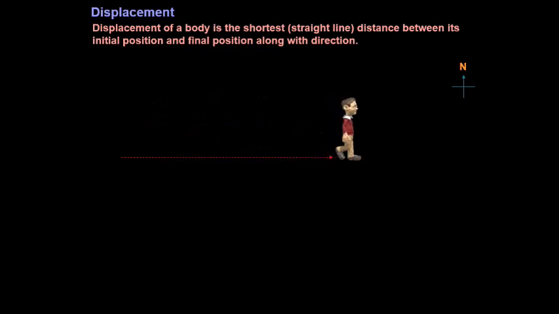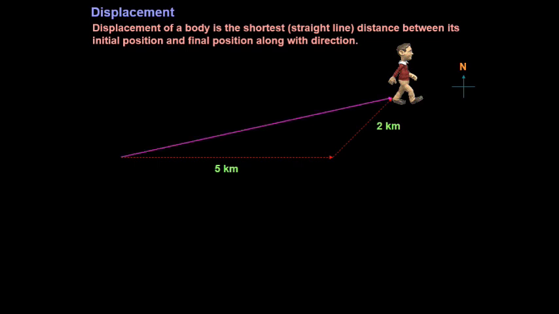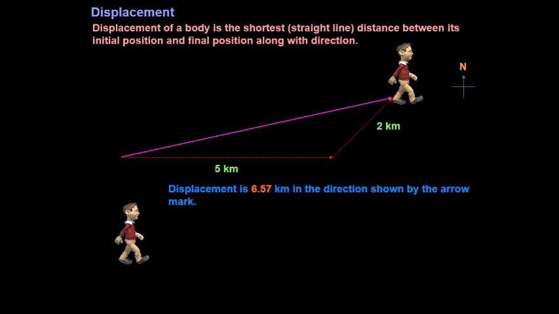So the man goes 5 kilometer towards east and 2 kilometer towards north. The total distance traveled is 7 kilometer, but the displacement is root over 5 square plus 2 square, that is 5.39 kilometer, along the direction shown by the arrow.